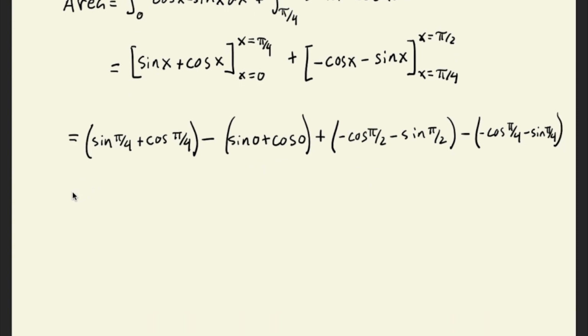Okay, so evaluating all these things, you can evaluate all of them with the unit circle, but I'll just write down what they are. So this is root 2 over 2 plus root 2 over 2, minus 0, since sine of 0 is 0, minus 1, since cosine of 0 is 1, minus cosine of pi over 2, which is 0.